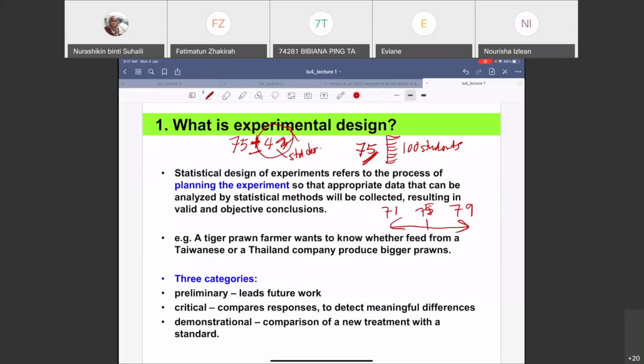Preliminary design leads to future work. This means that when you design your experiment, before you do your research, you need the design in order to foresee what you will do in the future.